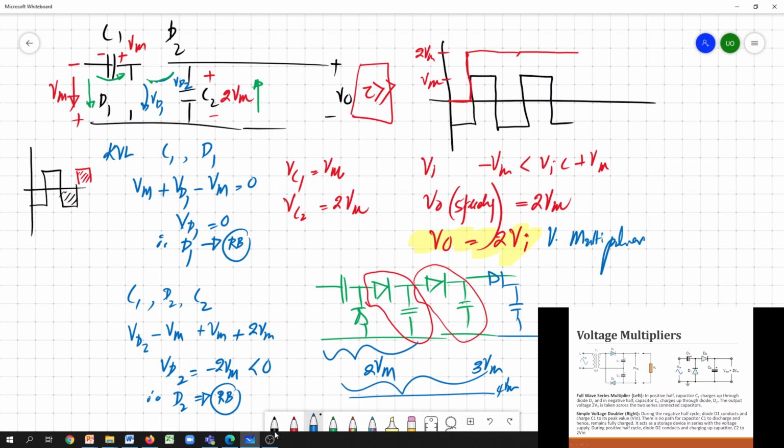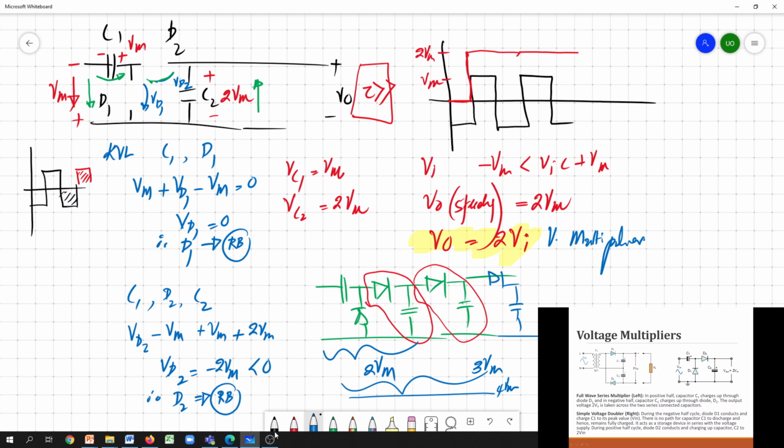So by connecting these diode capacitor blocks to the circuit in different ways, you can reach different multiplicatives of the input. For example, if you measure the voltage across C1, you get the voltage Vm. If you connect a load across capacitor 2, you get 2 Vm.